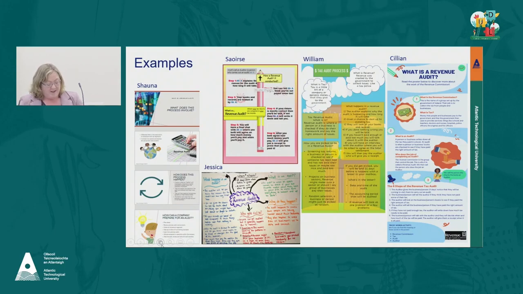Something that was nice about the feedback from these students was that the language they used was all reflective of the UDL principles, though they weren't told there was UDL involved in this. One of the students said, we could construct it in a way that made the most sense to us.